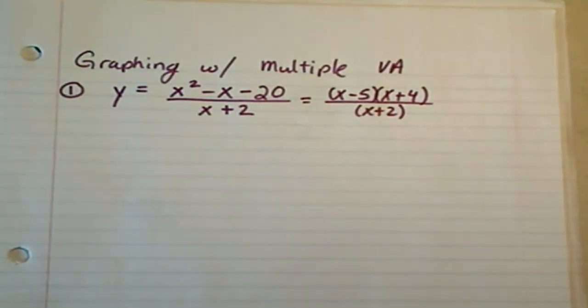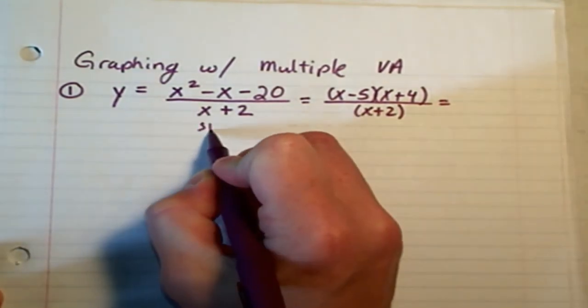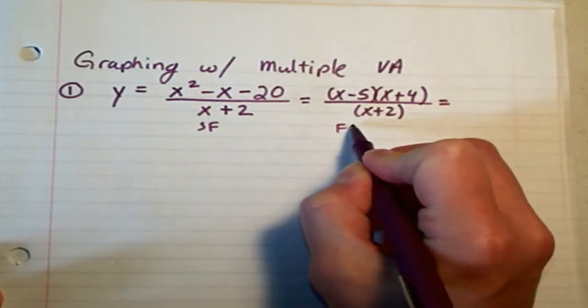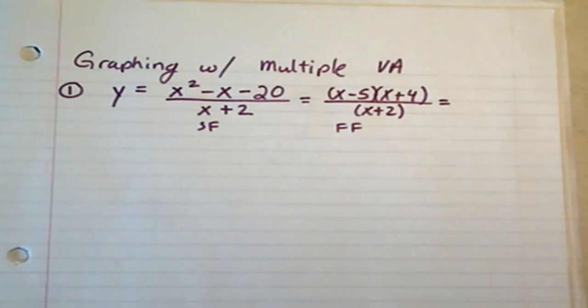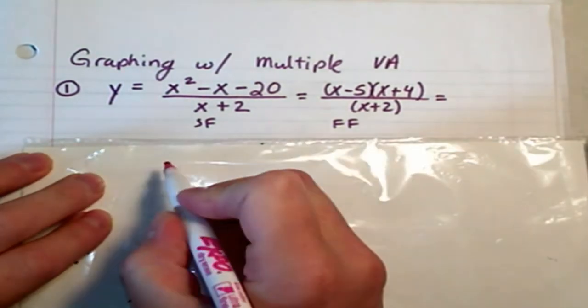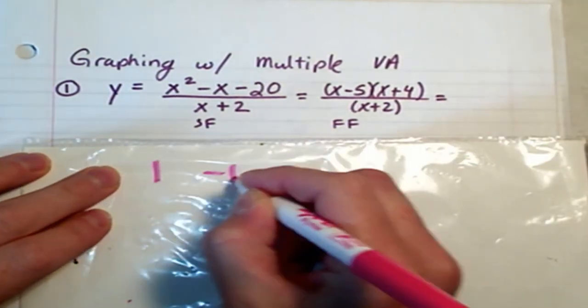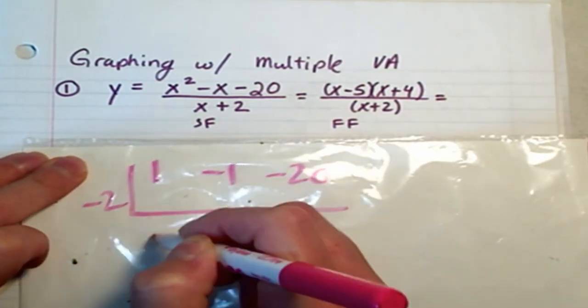I am also going to do my synthetic division in order to write this in, okay, so we've got standard form, we've got factored form, and then I want to write it in the divided form as well. All right, so I'm just going to bring up my scratch paper or my whiteboard here, and 1, -1, minus 20. I'm going to do my division.